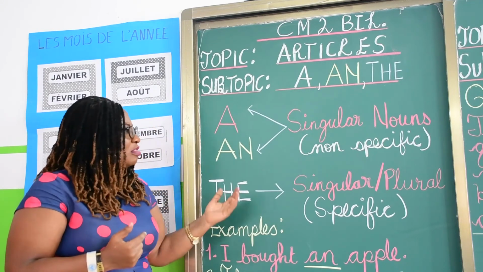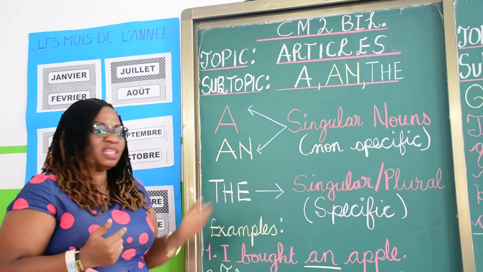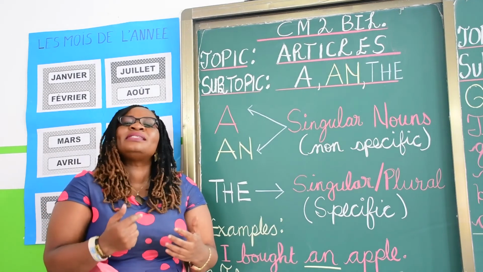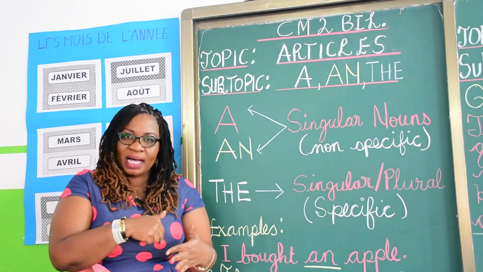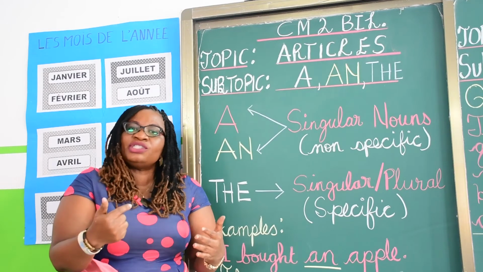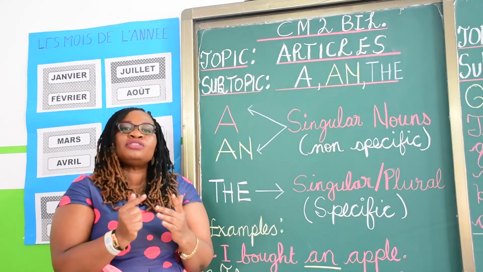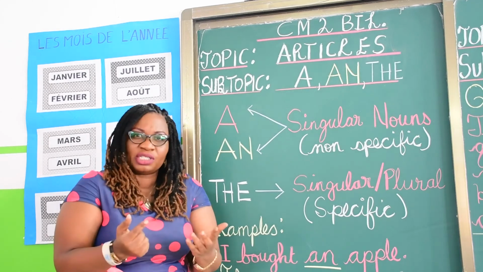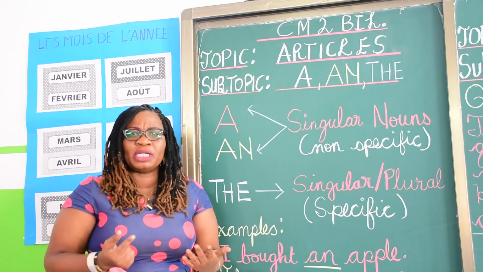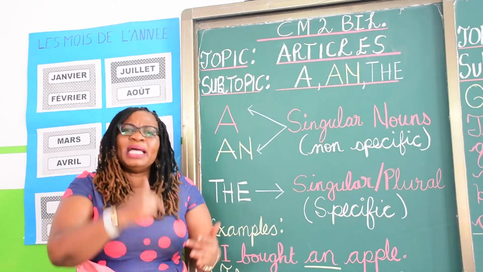Another way of using the: the orange is in my bag. You see, the is describing a particular orange. Where is that orange that I'm talking about? It is in my bag.